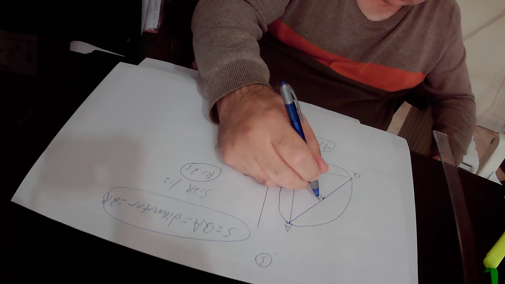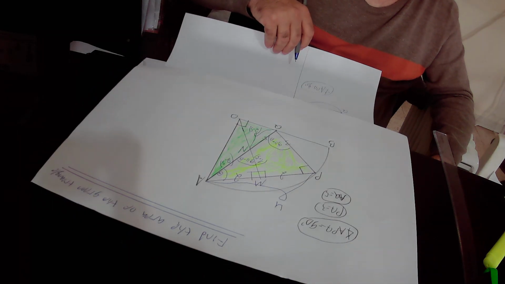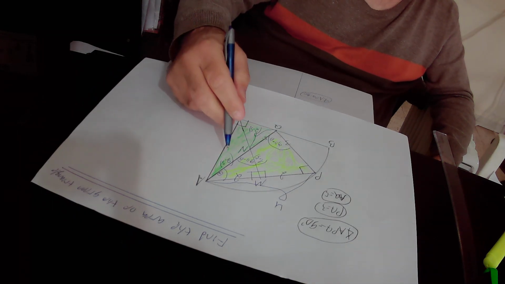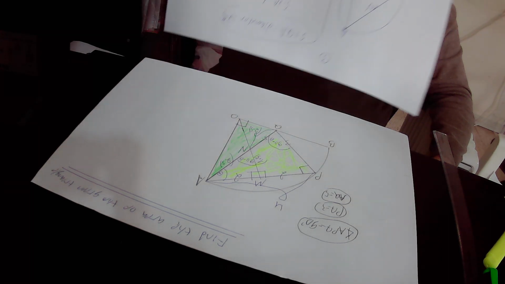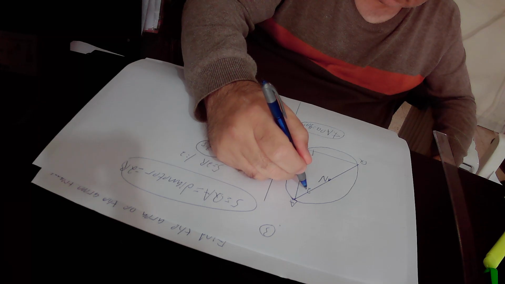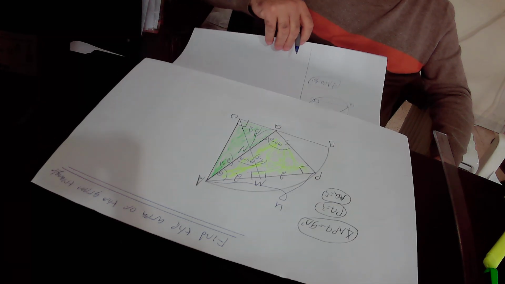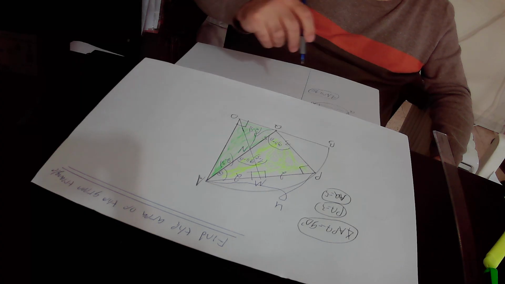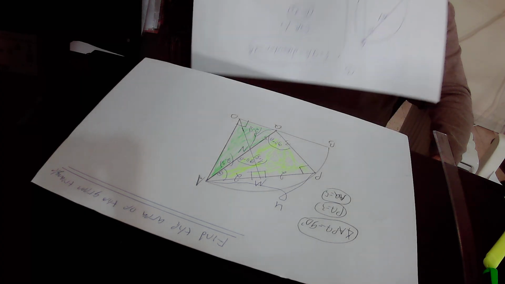So this will be point N. We have already found out that AN equals 2.5 units in its length. And we also found out that QN also equals 2.5 units here.